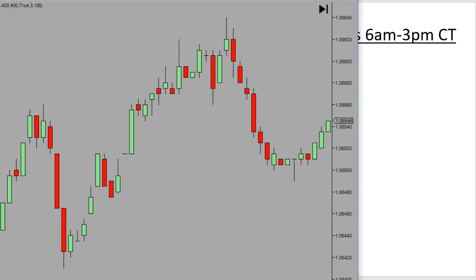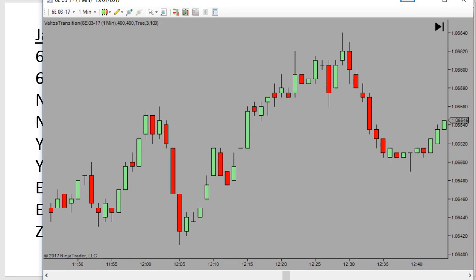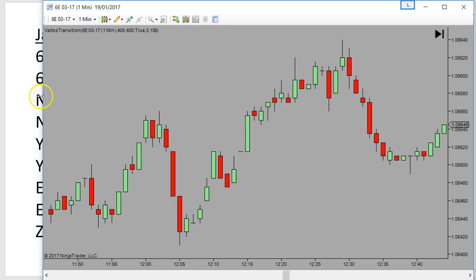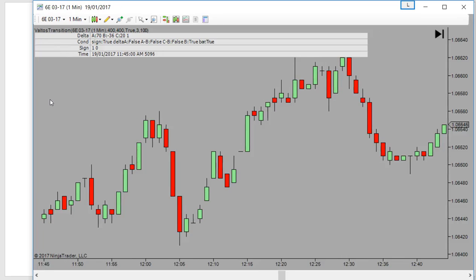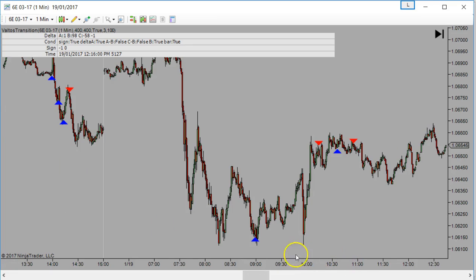Okay, so we'll start here. This is a 1 minute chart in the euro currency, 6E. And notice the settings: 400, 400, 3, and 100. I'll make it smaller so it's easier to see.